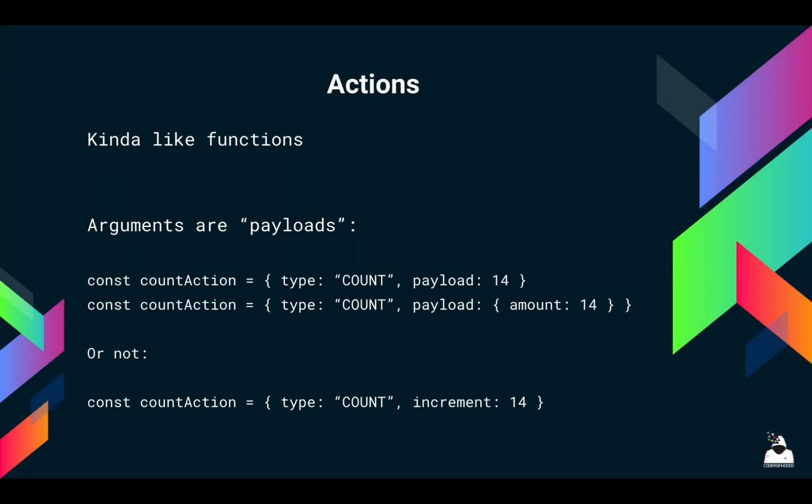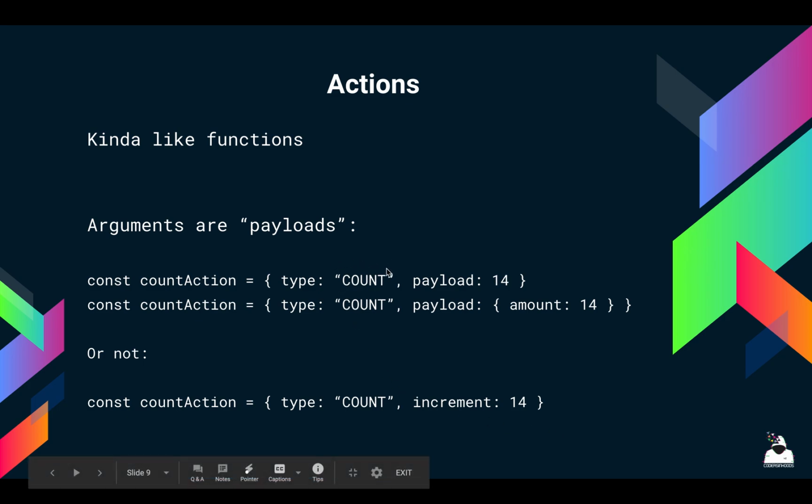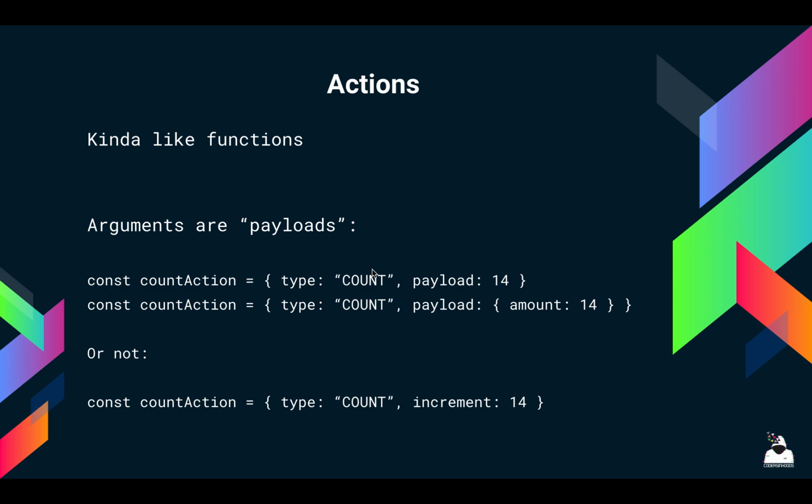Functions have arguments. So if we want a generic version of the count up and count down functions, then we can have an action of count and pass a payload.